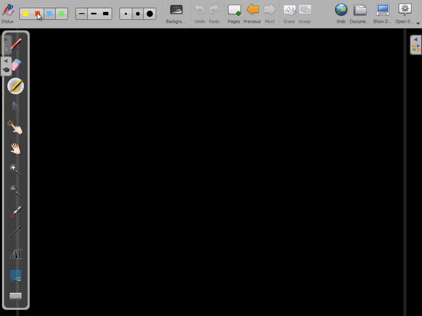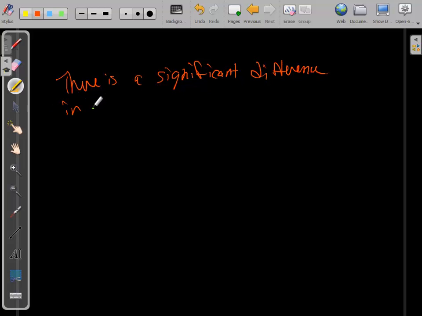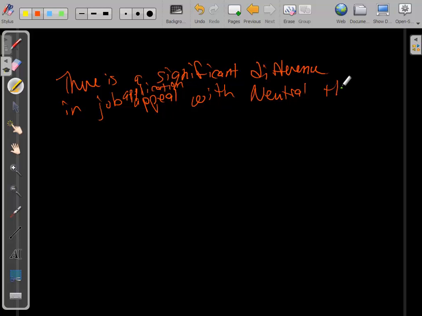And so we would say that there is a significant difference in job application appeal with neutral words than with masculine words.